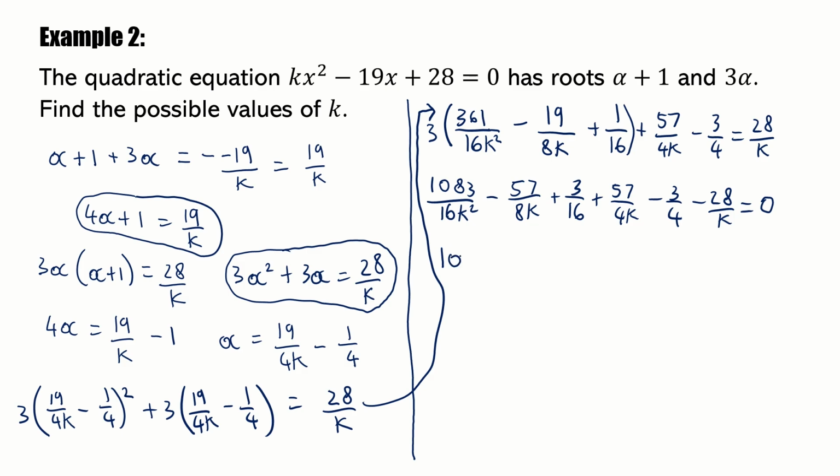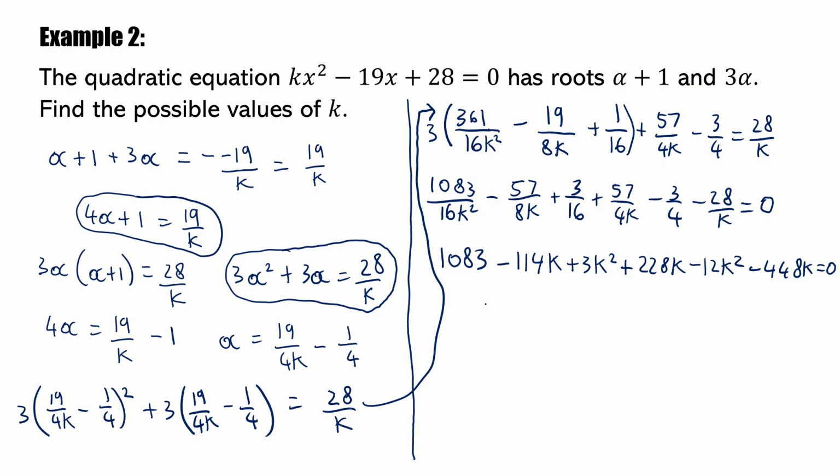So that will give me 1083 minus 114k plus 3k squared plus 57 over 4k times 16k squared, which would be 228k minus 12k squared, and then lastly 448k. So that's everything multiplied through by 16k squared. Be really careful when doing that sort of algebra stuff.